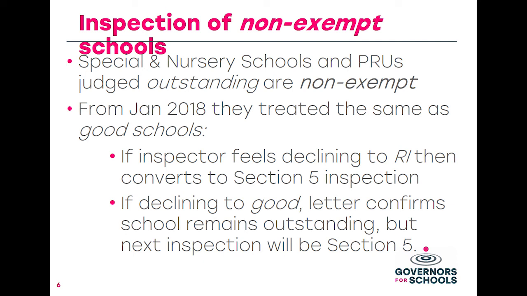That means they will get a 1-day inspection, and that 1-day inspection can't change the designation of the school. It will still remain an outstanding school. But if during that 1-day inspection, the inspector believes that what they're seeing doesn't represent outstanding, that in fact it doesn't even represent good, then they will convert that 1-day inspection to a full 2-day inspection.